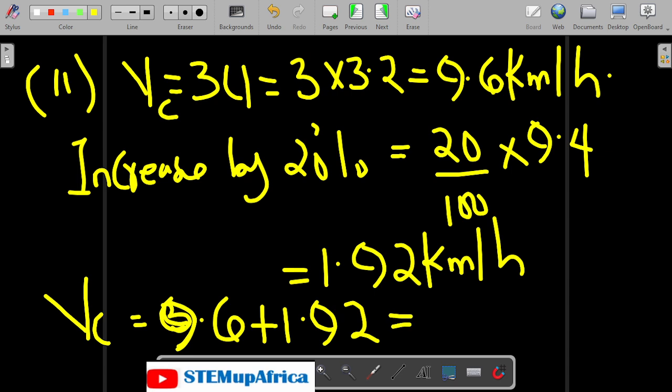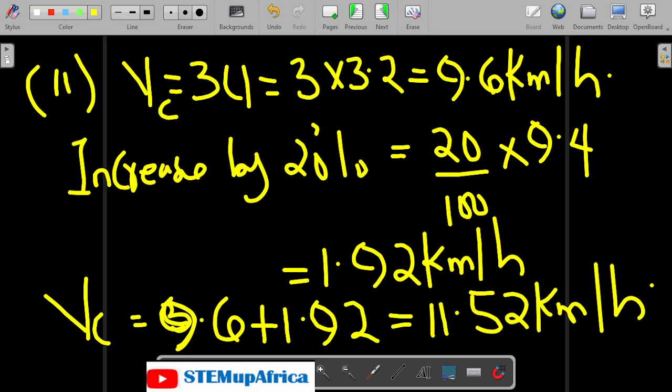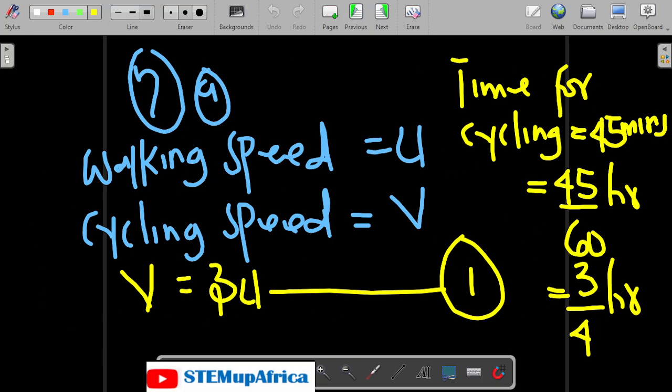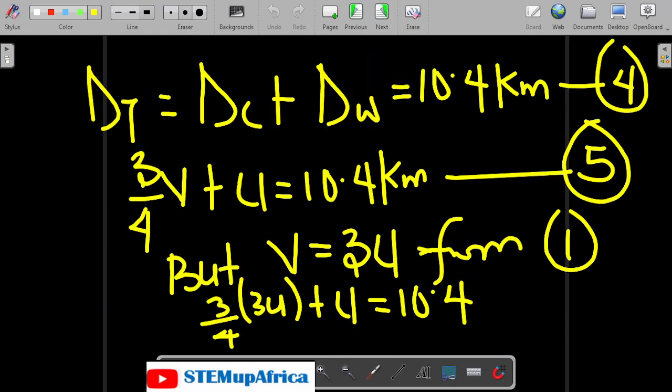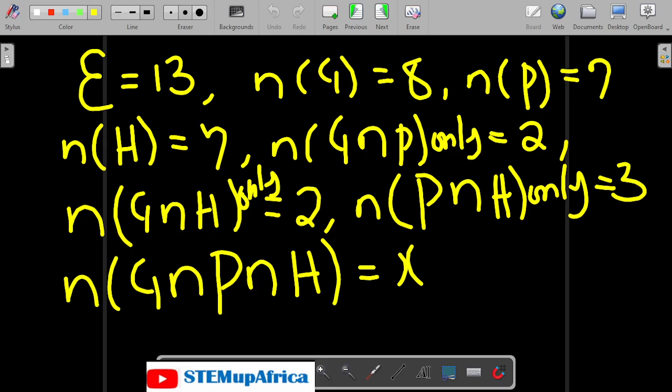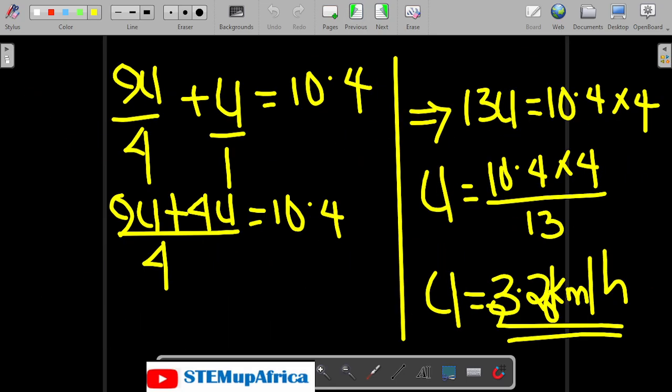That will give us 11.52 kilometers per hour. So that is now our speed when increased by 20%. But maintain the walking speed. So the walking speed for 1 hour remains the same.